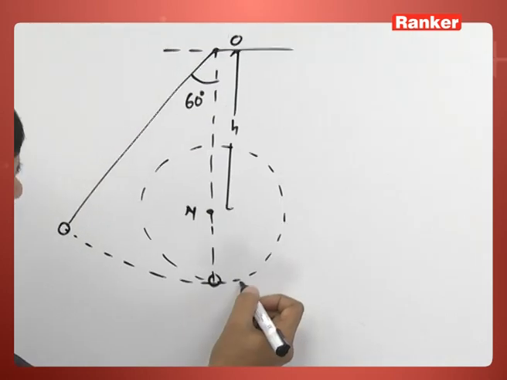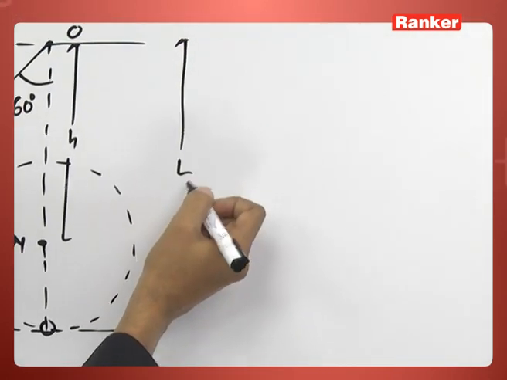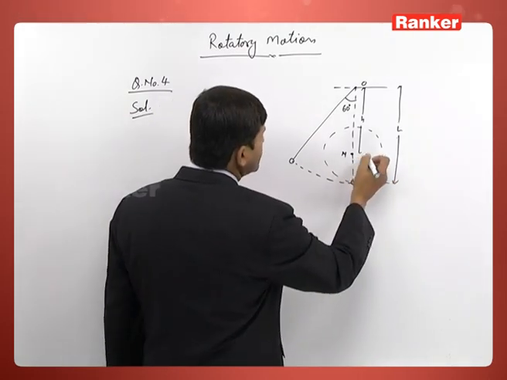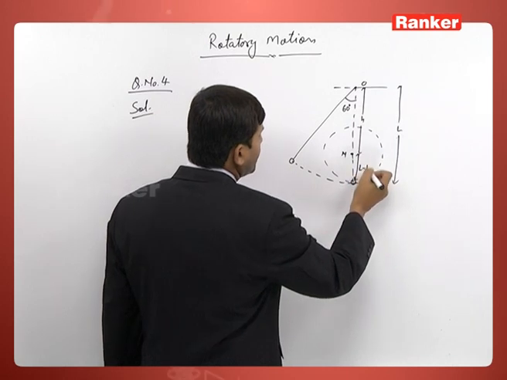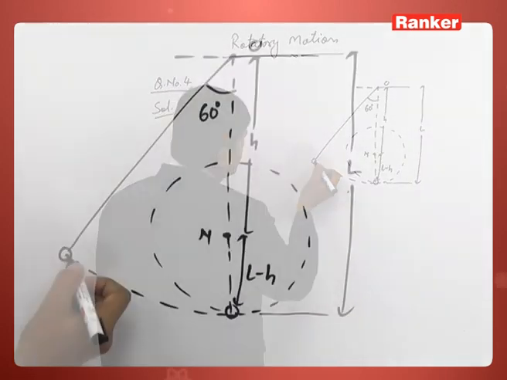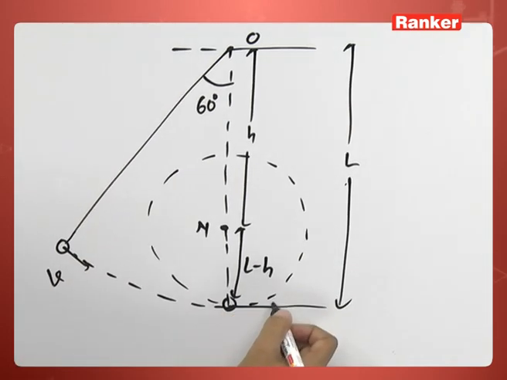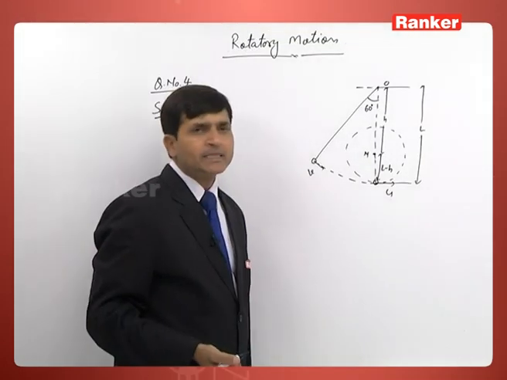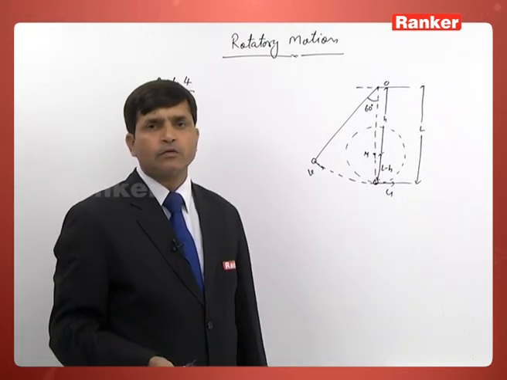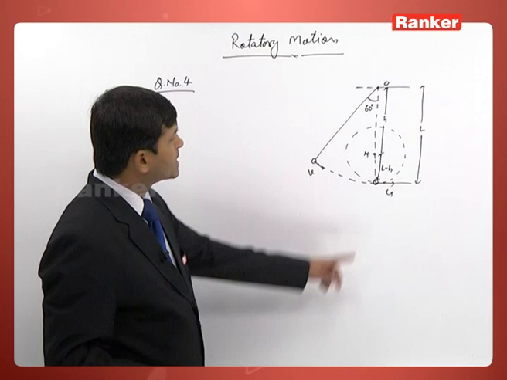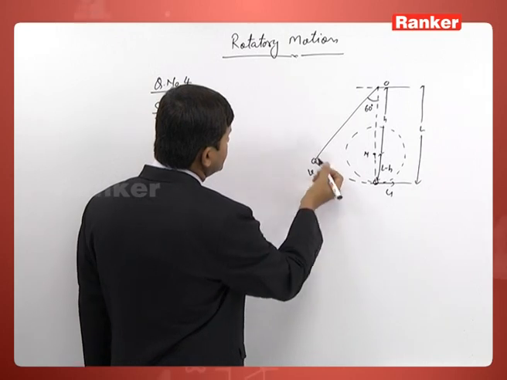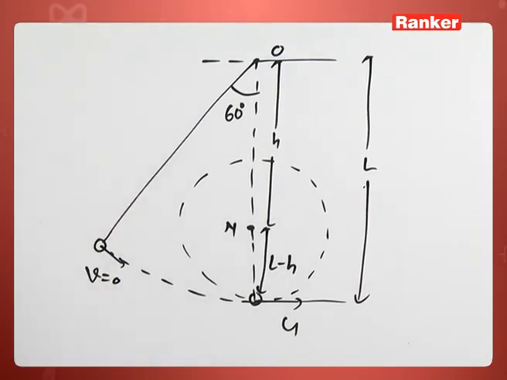See, the total length of the string is given as L. So this is L minus h. As we know, when the ball has to make a complete circle, the minimum velocity at the lowest point should be root over 5gr, where r is the radius of that circle. So let the velocity at this point be v, which is 0 because it has been released from rest.